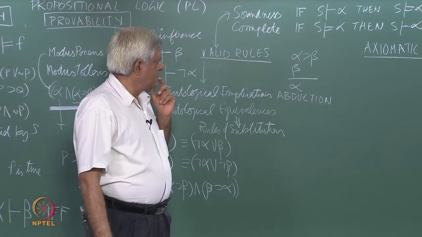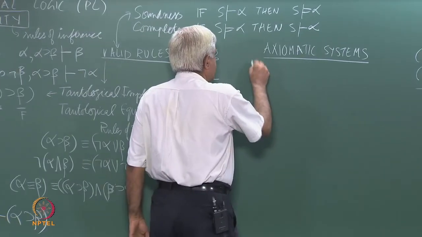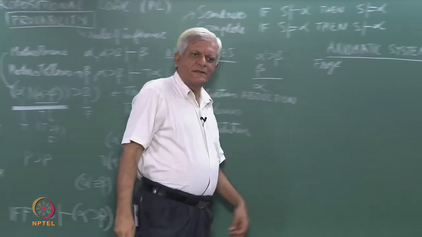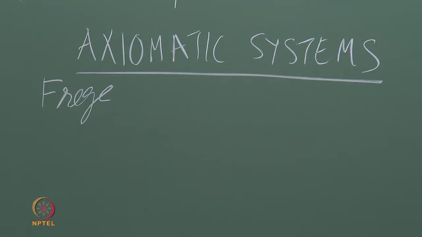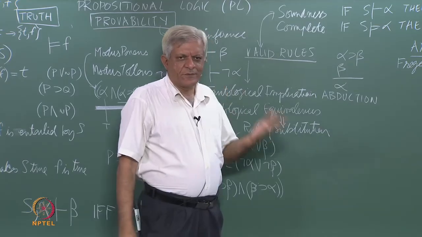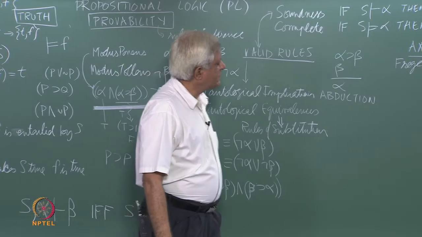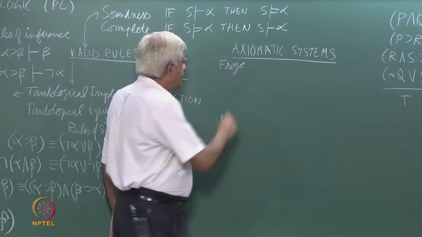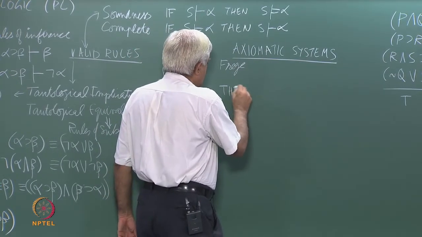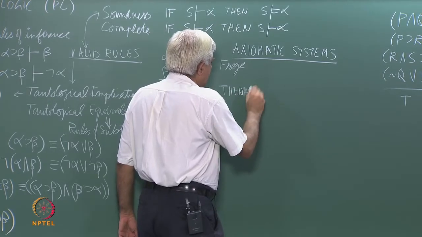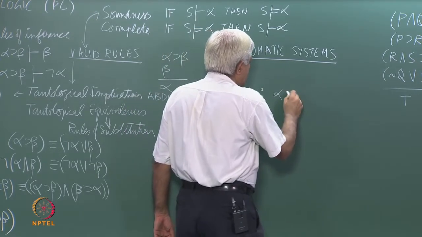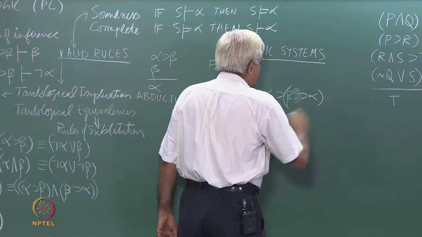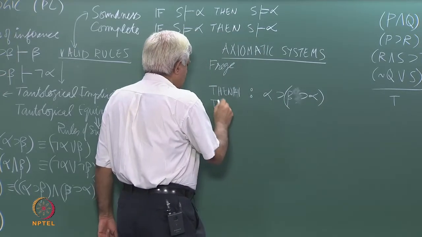So, one of these earlier systems, in fact probably the first one, was given by Frege, who is also credited with inventing first order logic, or the modern form of first order logic that we use. He had 6 axioms which were as follows. This is the name of the axiom, then one, it says alpha implies beta implies alpha, then.